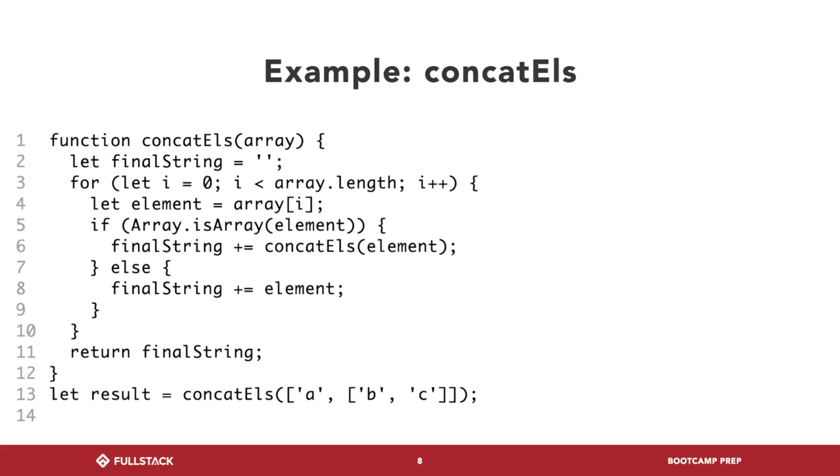However, if the element is an array, we are still plus-equaling it to the final string. But what are we plus-equaling? Well, we're plus-equaling a function, hopefully something that can handle an array of strings. That's what this entire function, concat else, is meant to do: handle an array of either strings or strings plus other arrays.